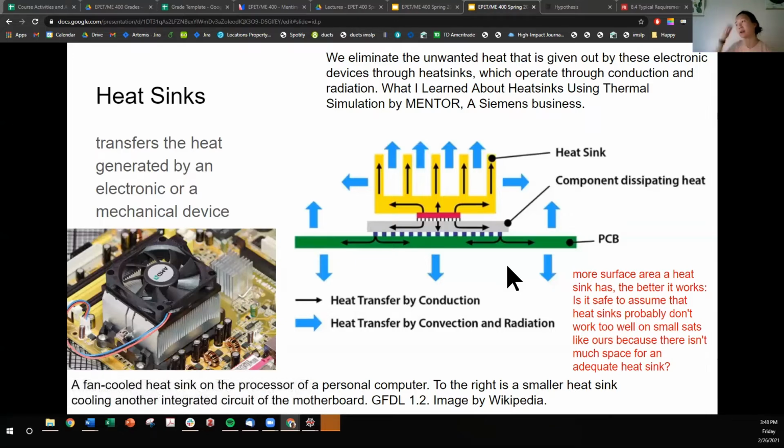So it does make it more difficult to use in mass and volume constrained satellites like CubeSats. So, general trend, probably safe to assume that heat sinks aren't on your CubeSat, but if you're a CubeSat designer, you should decide: does a heat sink make sense for the application I'm using?